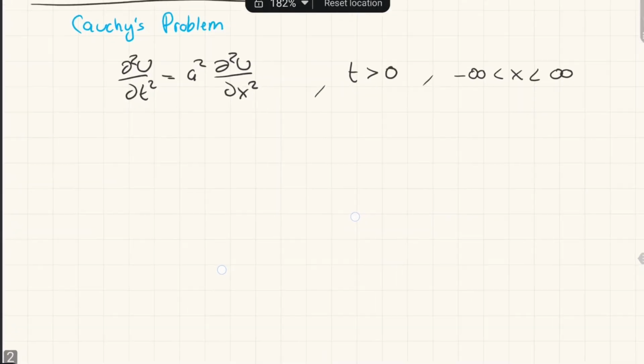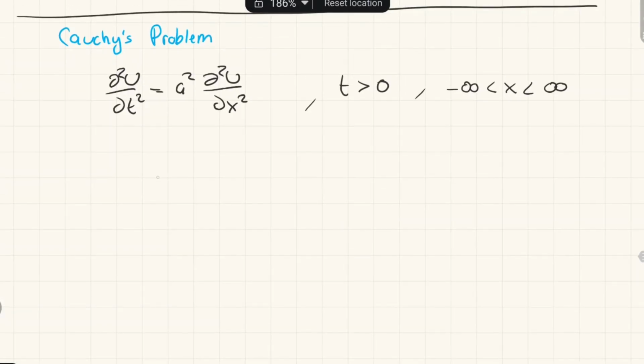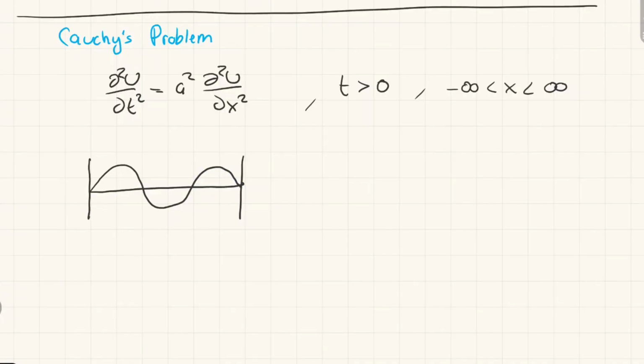Well, we are going to have, for example, an initial distribution of positions for the string. I mean that, for example, the initial motion of the string can be of this shape, maybe, right? So at time t equals 0, we have an initial distribution of positions that tells us what is the beginning of the motion of the string.